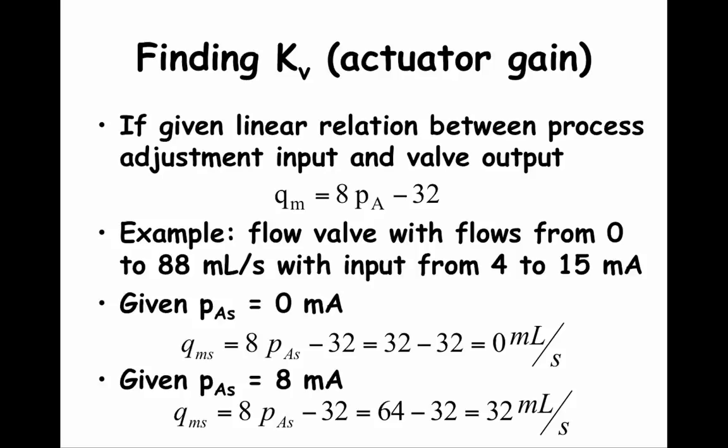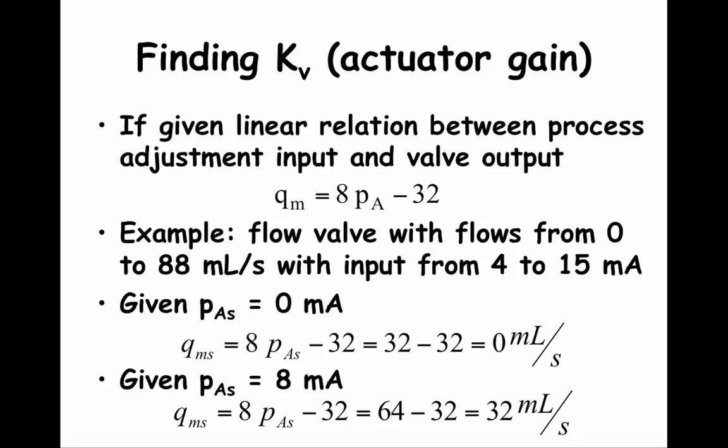In this example, this is used to express the case that the valve flow goes from 0 to 88 milliliters per second as the input signal goes from 4 to 15 milliamps. So if the control signal is 4 milliamps, the valve has 0 flow, and if the control signal is 15 milliamps, the flow is 88 milliliters per second.